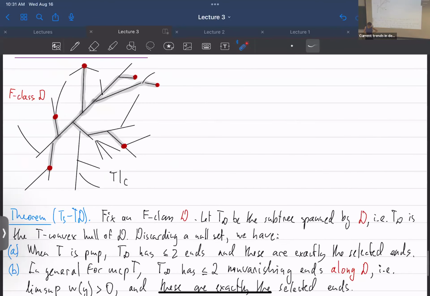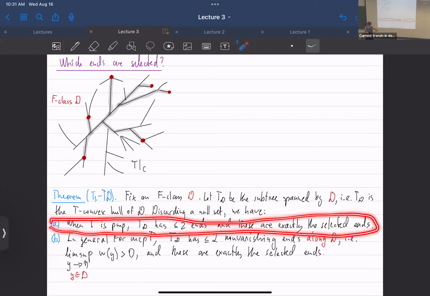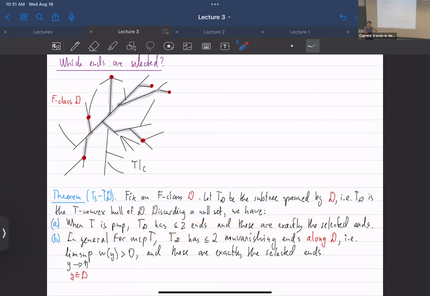So here is the theorem. The first one is an observation. It has a one-paragraph proof. I don't know if people observed it without us. I'm sure that someone did. So I don't want to claim part A for us, but part B is what we really proved afterwards.